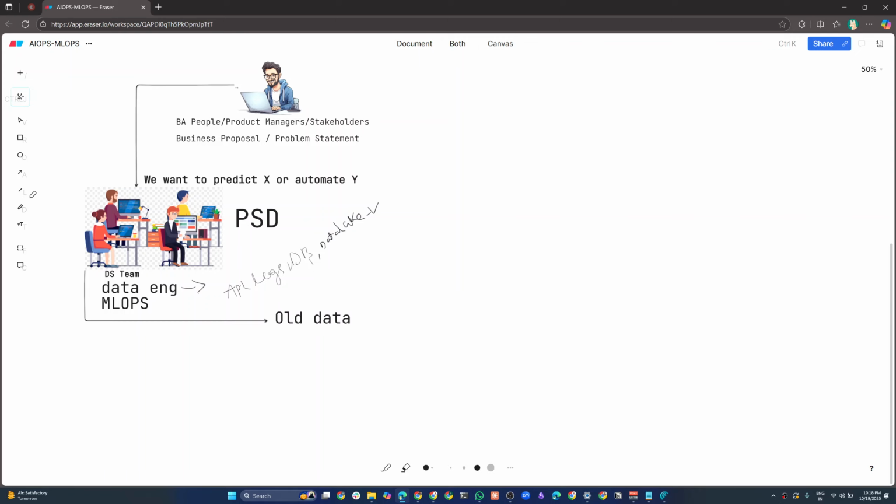And then, with the combination of this, your MLOps team will be involved. You are an ML and Ops guy. A discussion will happen on the proof of concept, the POC, as we call it.